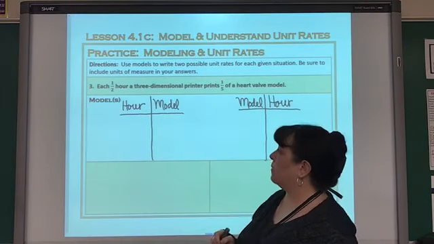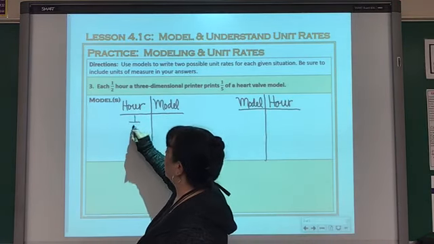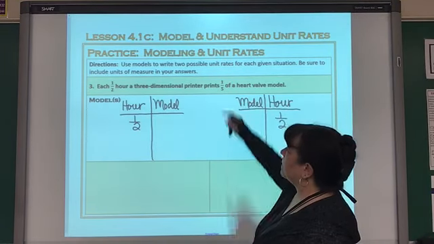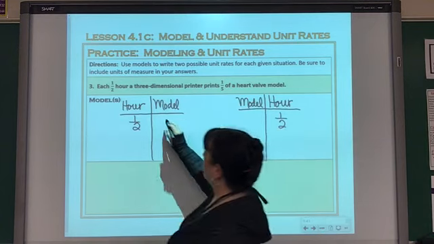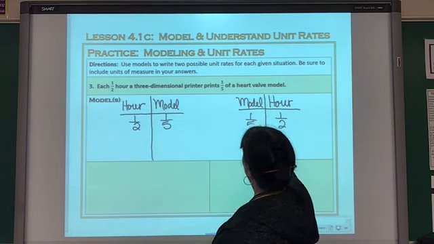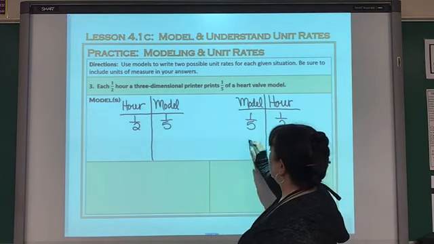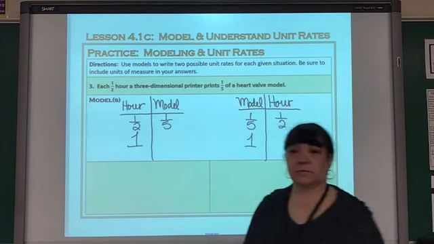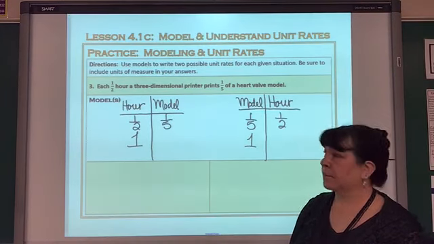It says half an hour, so under my hours, I'm going to put 1/2, 1/5 of a heart valve. I'm going to put 1/5. And now, each of those I am going to change to 1.